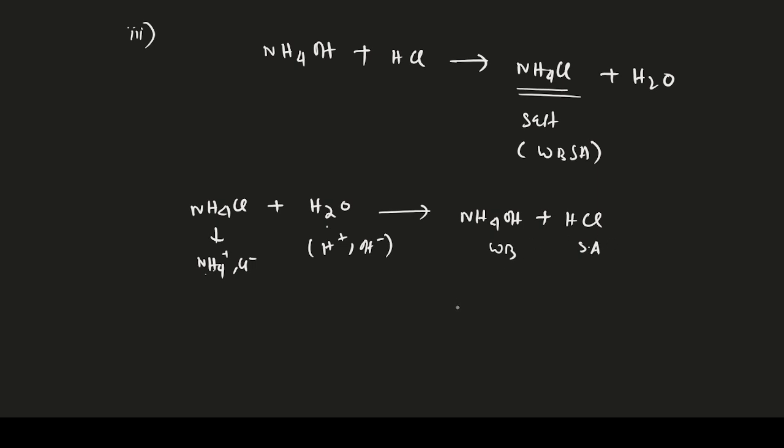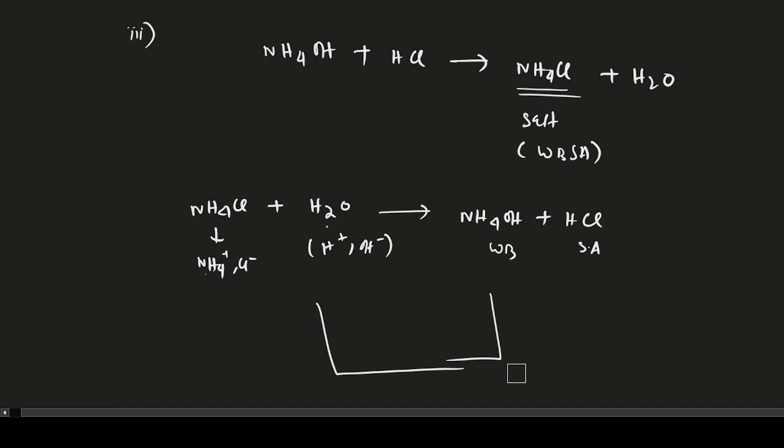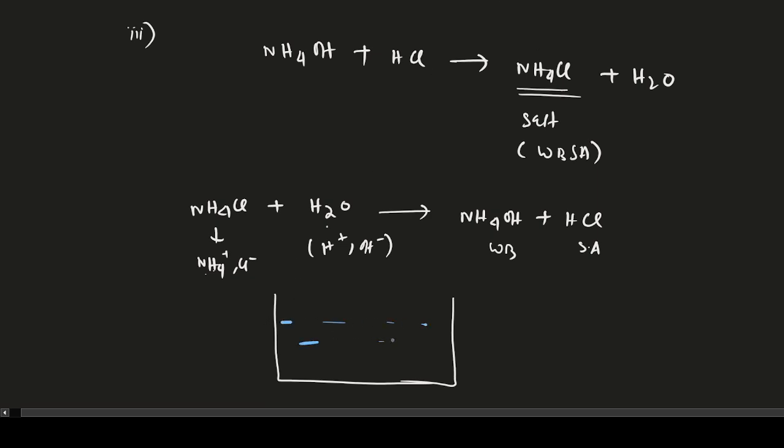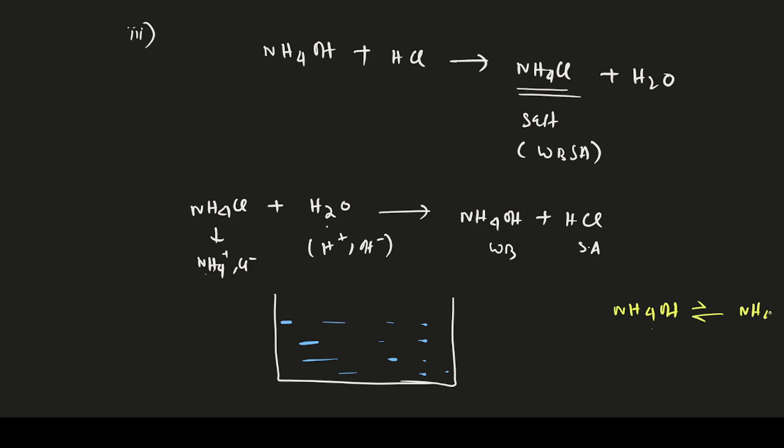So in the solution, whenever we have NH4OH, this will be very less dissociated into NH4 plus and OH minus, because this is a base but it dissociates less.